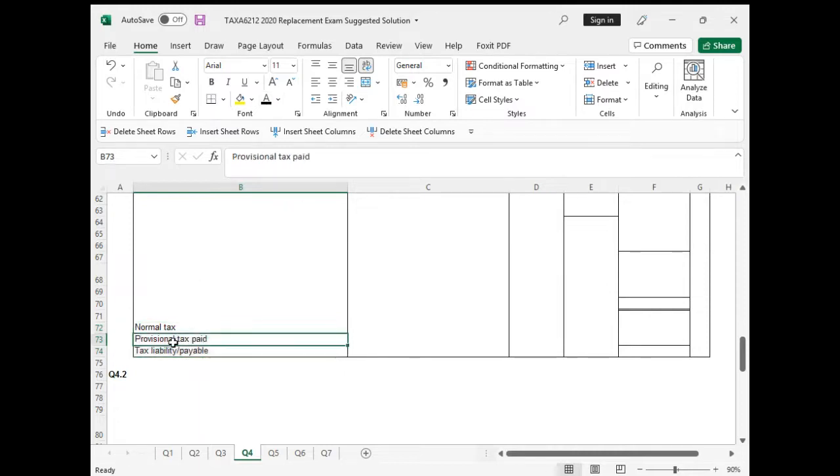Then you've got your provisional tax and your tax liability. Now, because they've put the provisional tax amount there randomly at the instruction, I would suggest you write the normal tax, provisional tax, tax liability, put in that amount, and you've already scored 1 mark before you even go through the rest of the information.